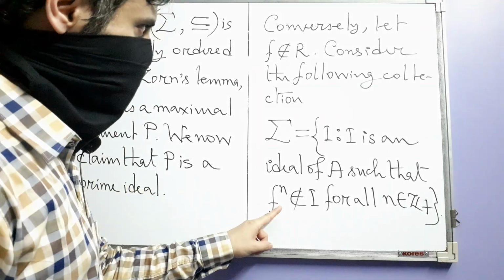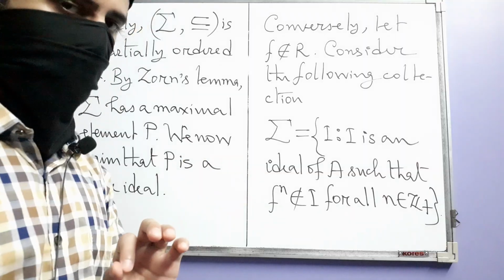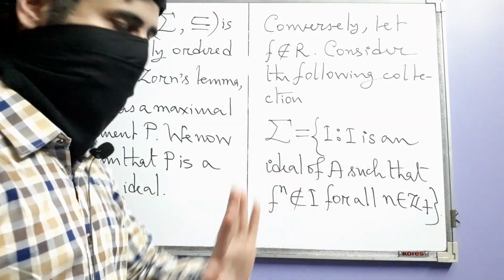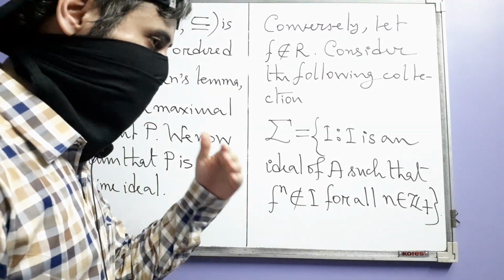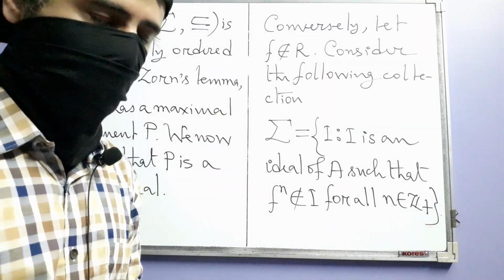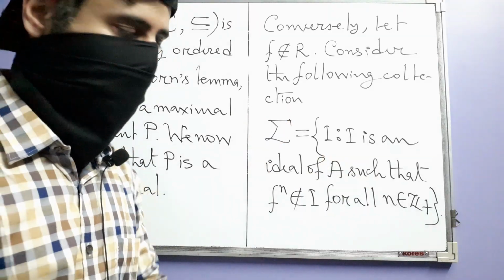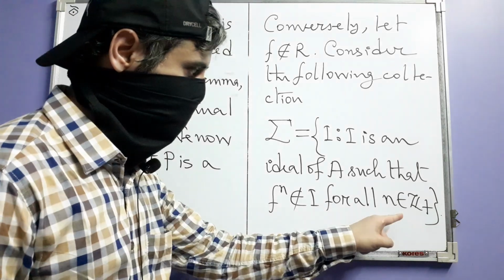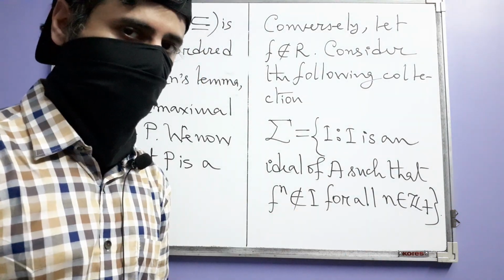Why? Because you see, the element F is after all an element of A, because everything is happening inside the ring A, right? So F is equal to F to the power 1. That however is in A. So P cannot possibly be equal to A, because P has to satisfy this not just for n equal to 1 but for all positive integers n.